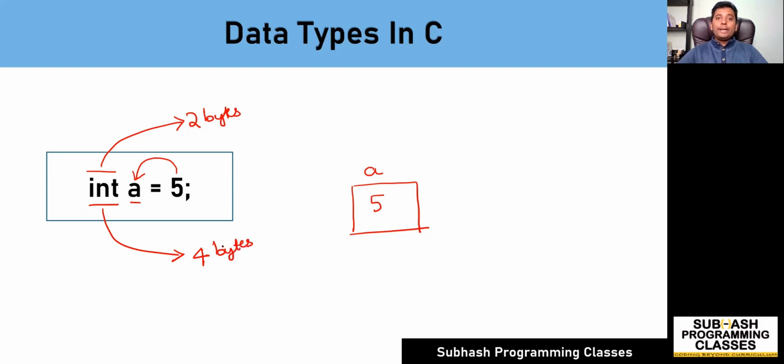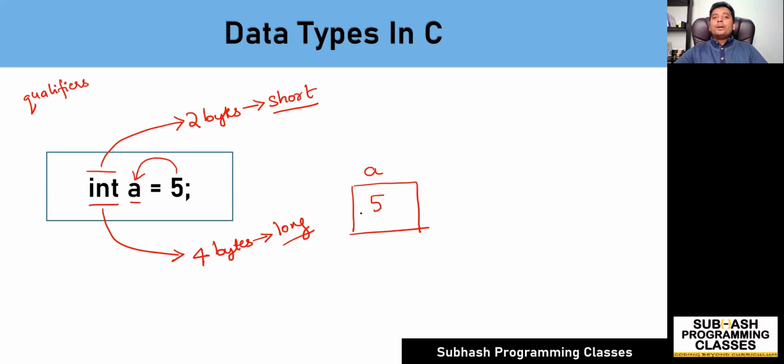This is because integers in C language can either be short integers or long integers. Short integers are always 2 bytes and long integers are always 4 bytes. So in C language, short and long are called qualifiers.